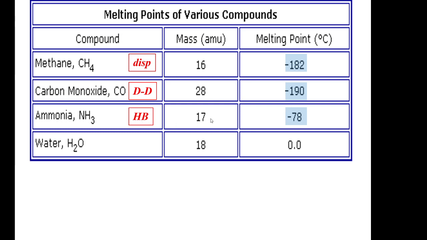We've got NH3, and it's got a melting point of minus 78 degrees with hydrogen bonding. And then water, as a hydrogen bonding compound, has a melting point of 0. So why is water so strong? Why has it got such a high melting point compared to these other molecules?